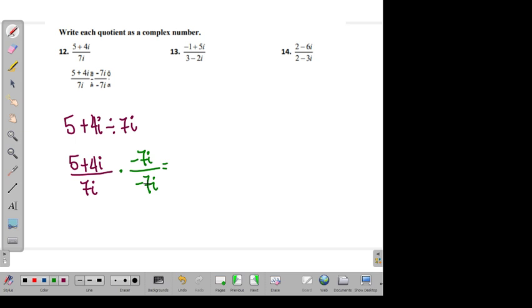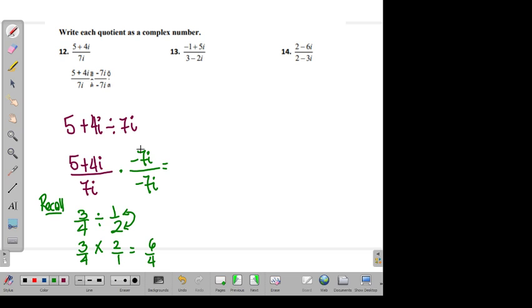You have to know how to multiply. Let's remember: how do you divide 3/4 divided by 1/2? You change this to multiplication and you use the reciprocal of that, so you get 6 over 4. We're doing exactly the same thing, but with imaginary numbers.